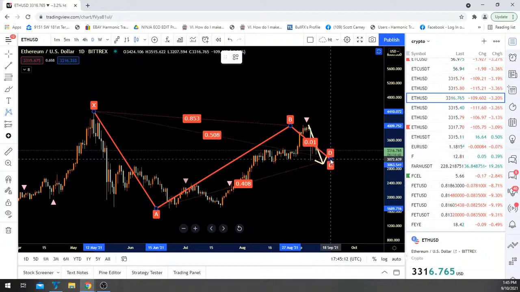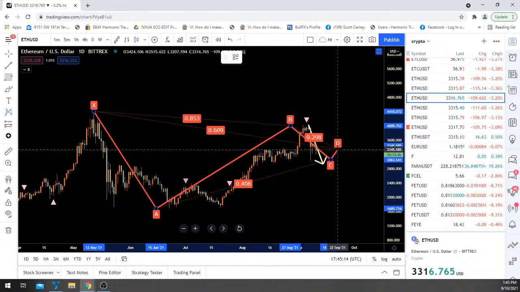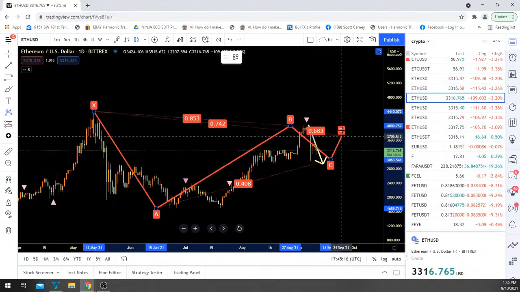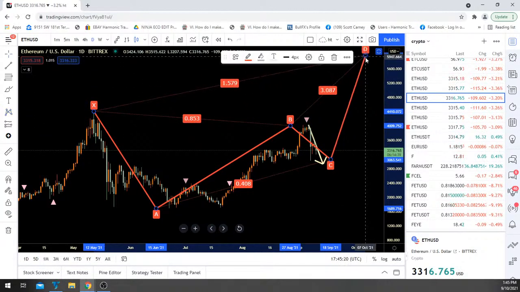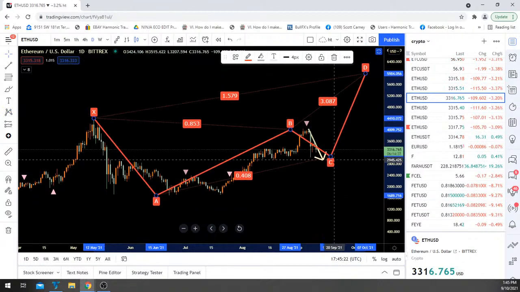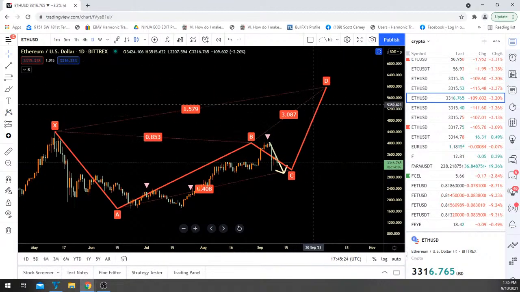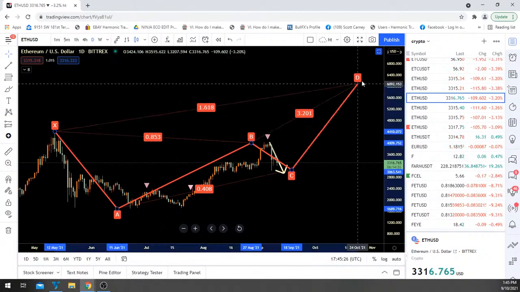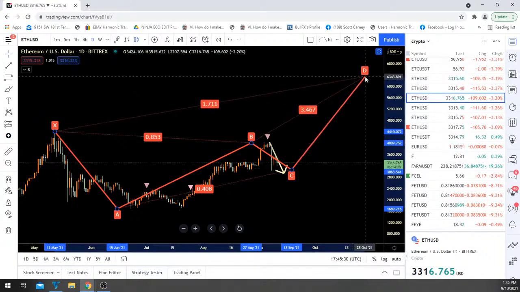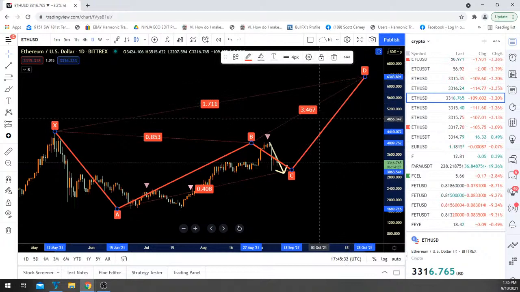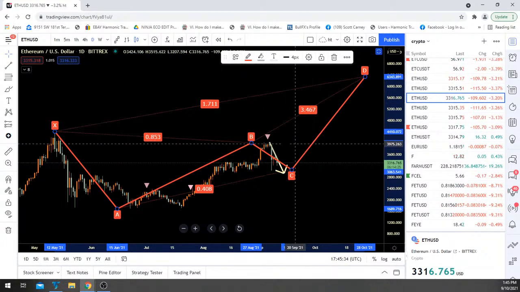Now we're going to come back and let's look at a 382. That's essentially what we hit, and then we do a deep crab. A deep crab goes 1618. Something like that. That's kind of the construction that we want to see into this next 2 weeks, 3 weeks. Let that be your B point.